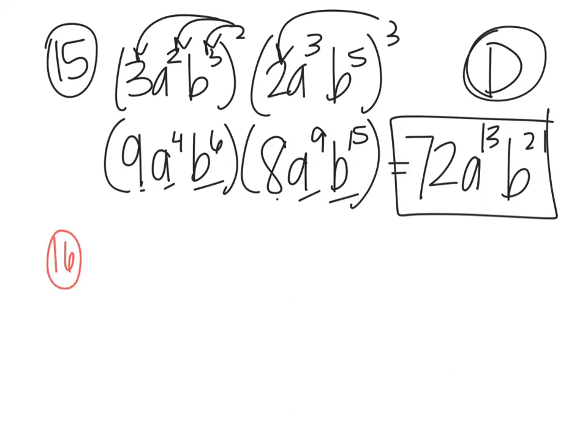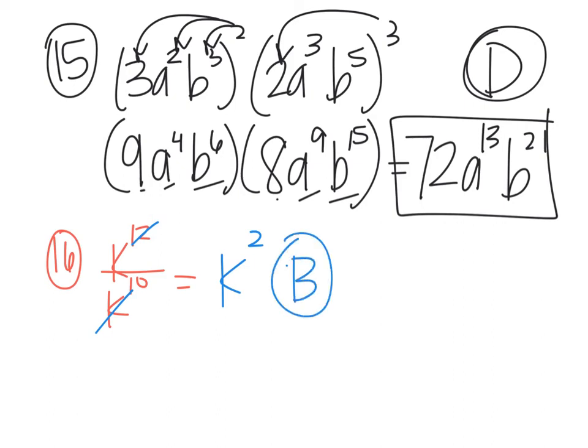16. k to the 12th over k to the 10th. Cancel exponents, and you get k squared. You could also do 12 minus 10, you get 2. So k to the 2nd power, which is B. 17. a to the -9 b to the 11 over a to the -4 b to the 7.